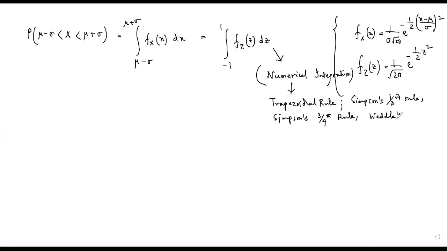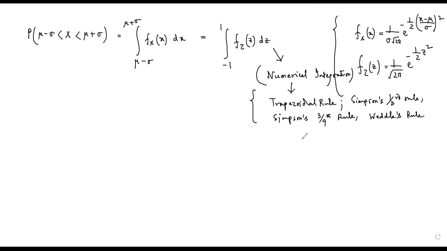All these rules are numerical integration processes. When it is not possible for us to calculate things analytically, we go for numerical processes. So these are the methods by which these probabilities can easily be calculated.